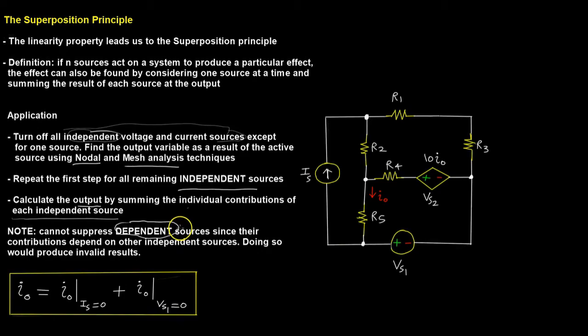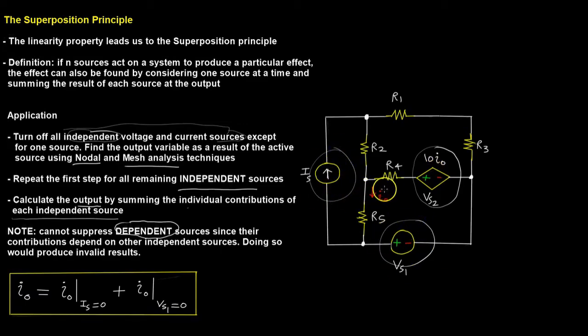So the rule here is that you do not suppress dependent sources. In this example, you do not suppress this guy. You simply leave this current controlled voltage source be, and you never suppress it. You only suppress the independent sources one at a time.